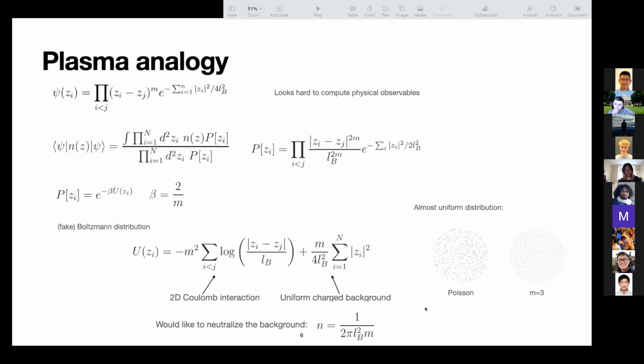But people did numerics on this and found that for m, say, less than 70 or something, this uniform distribution picture actually works pretty well.